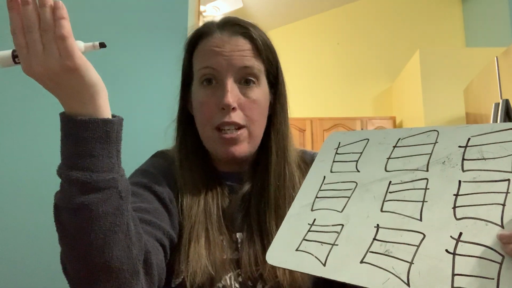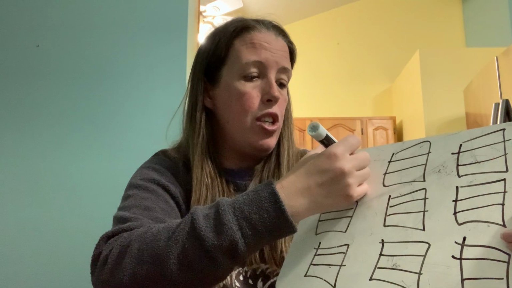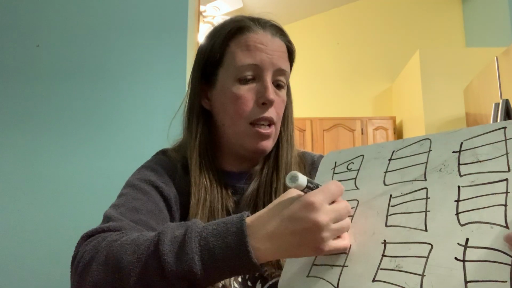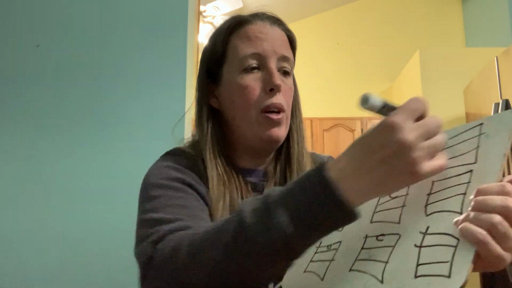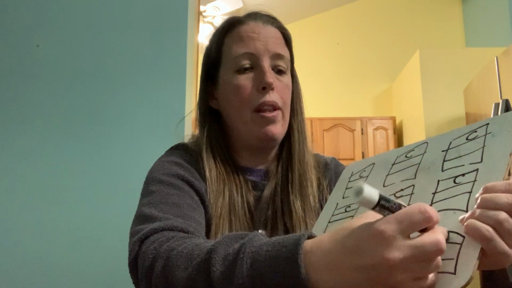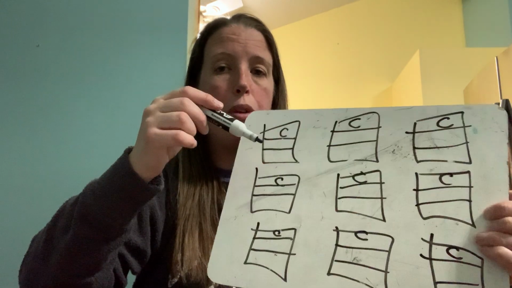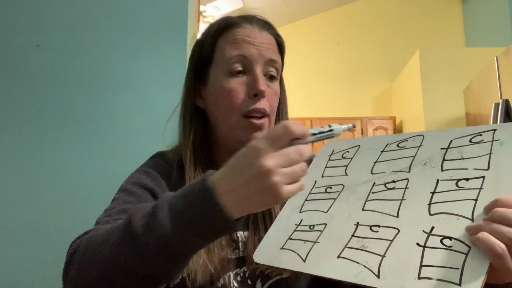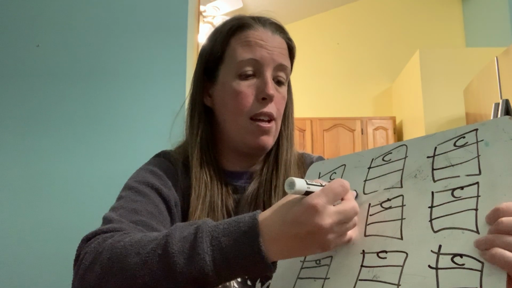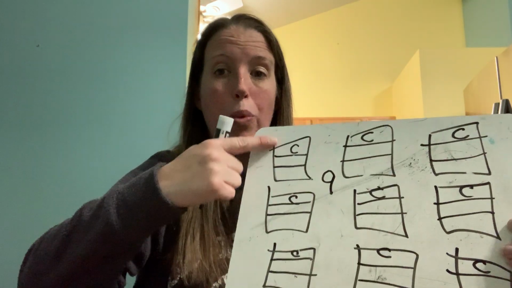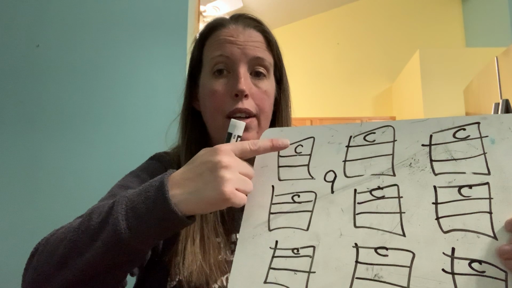Well, let's just see how many pieces Miss Chase would get. She'd get that piece, that piece, and so on. So if I add it all up, she's getting a total of 1, 2, 3, 4, 5, 6, 7, 8, 9 pieces. And each piece, what size is it? It's 1/3.